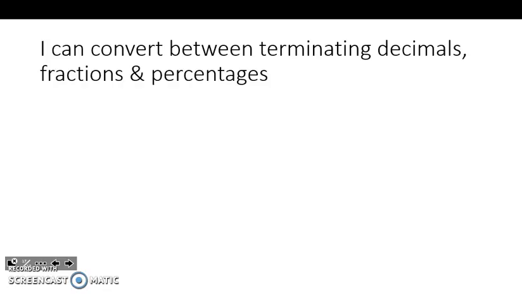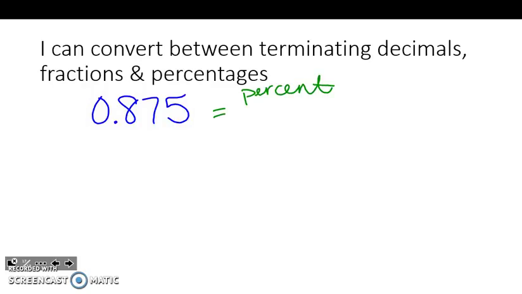All right, we're going to start with the first one. So the first one's going to be 0.875. So that is a decimal, okay? Since we already have it as a decimal, we're going to change it into a fraction and into a percent. The easiest one to change it to first is going to be a percent. When we change this into a percent, all we have to do is move the decimal, okay?